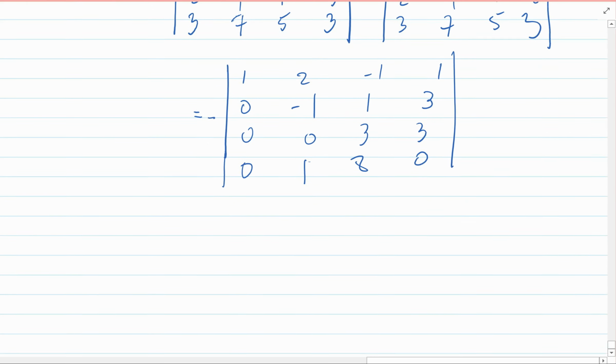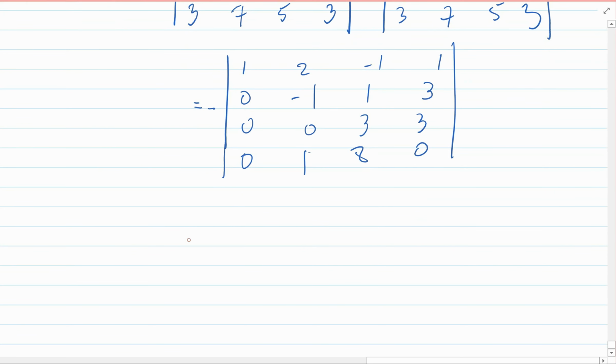Now if we develop along the first column, this will be plus the determinant of minus 1, 1, 3, 0, 3, 3, 1, 8, 0, and the other ones will be 0 times, 0 times, 0 times.